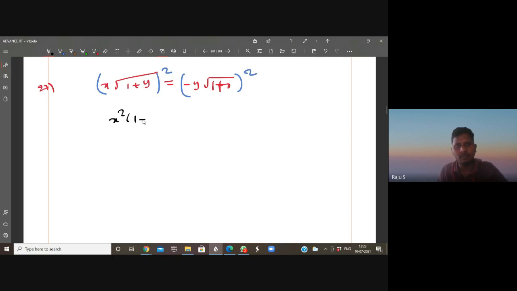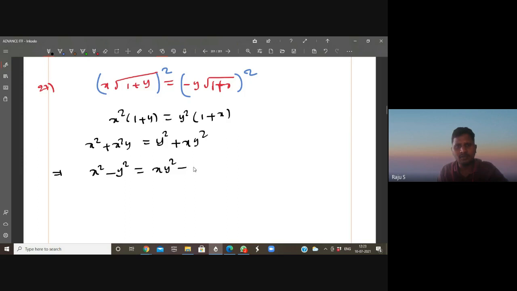x square into 1 plus y is equal to y square into 1 plus x. Minus becomes plus, so multiplying here: x square plus x square y is equal to y square plus x y square. Now you can differentiate directly, or if you want to simplify, we may simplify like this. Take x square and y square alone to one side, leaving x y square minus y x square.